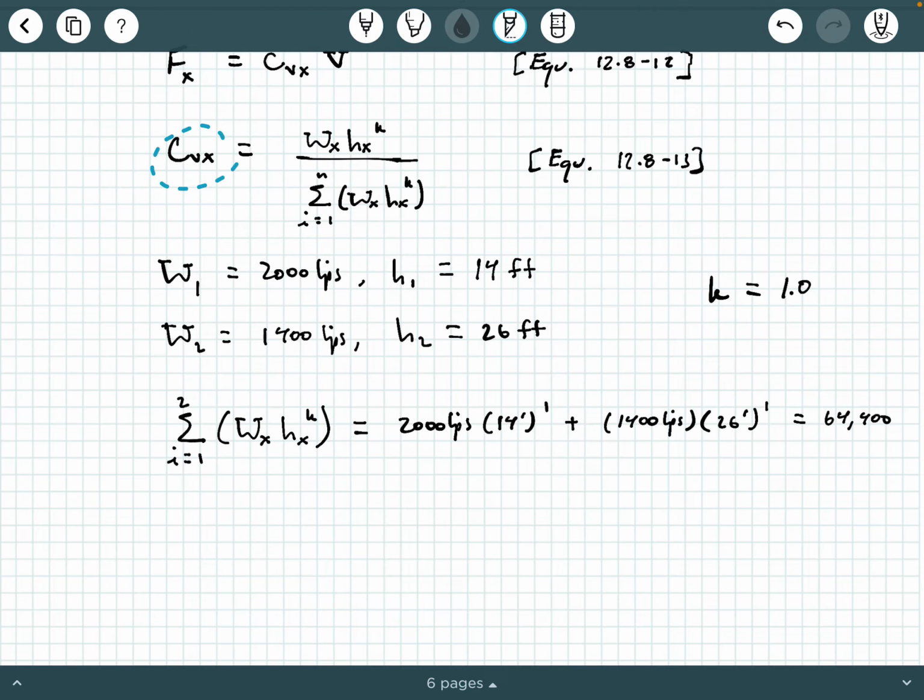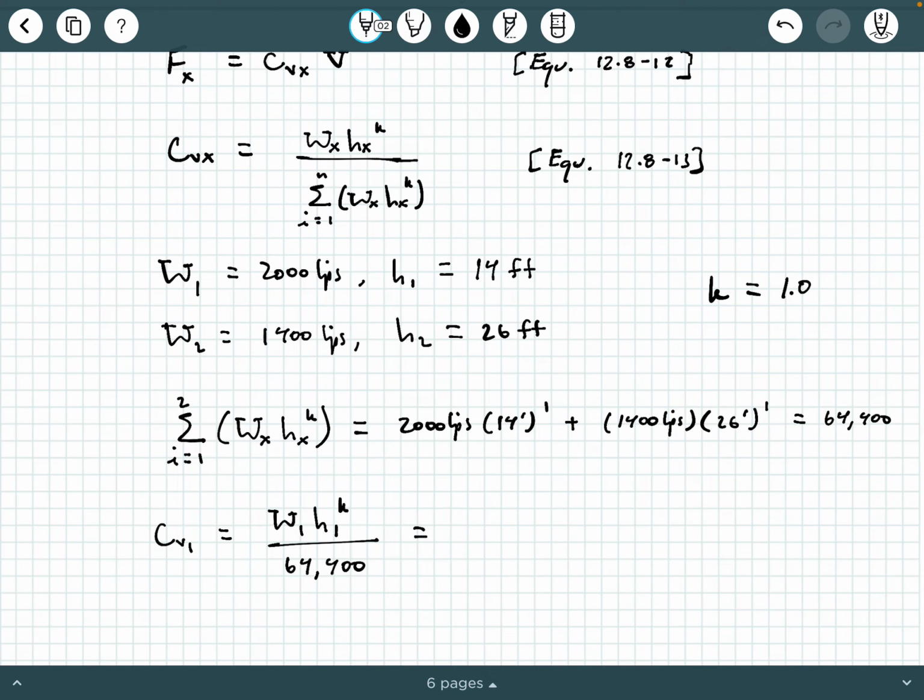Now we need to calculate a CVx for each of our levels. We need a CV1 and a CV2, okay? So CV1 is going to be W1 times H1 raised to the k power all over that denominator that we just calculated, 64,400.